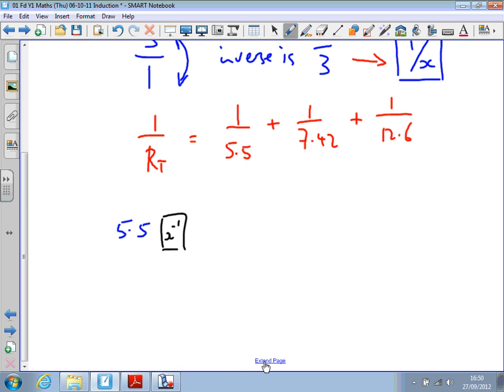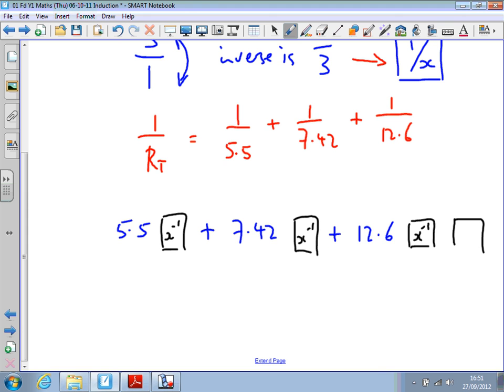Plus, and when you do that, you should see on the screen 5.5 to the minus 1, which means the inverse of 5.5. Carrying on, 7.42 to the minus 1, plus 12.6 to the minus 1, equals, so you hit the equals button.